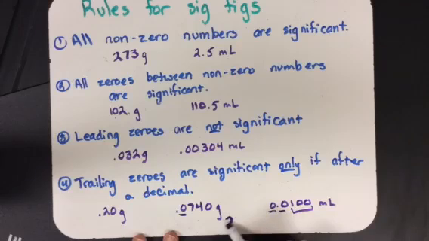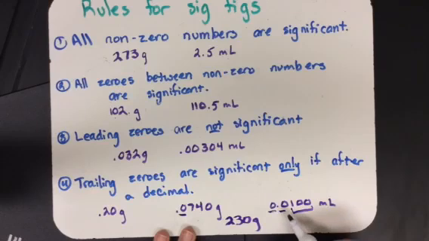Now, I missed one. What if you have 230 grams? You have 2 sig figs. This trailing zero is not significant because it does not come after a decimal. Now, if you had a value that was 230.0 grams, now you have 4 sig figs.